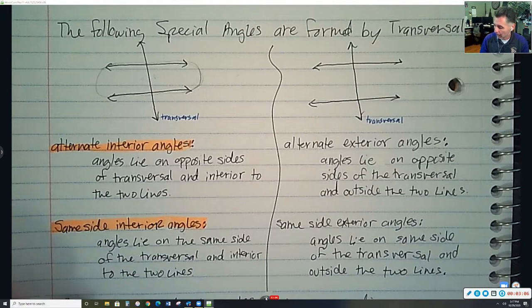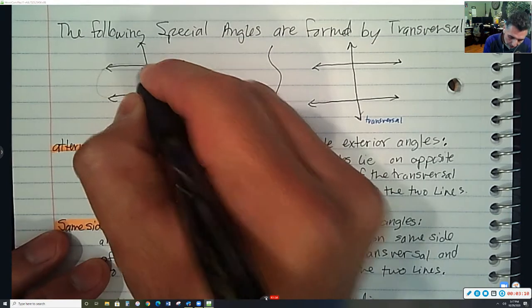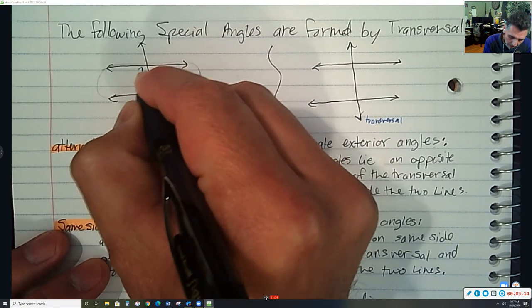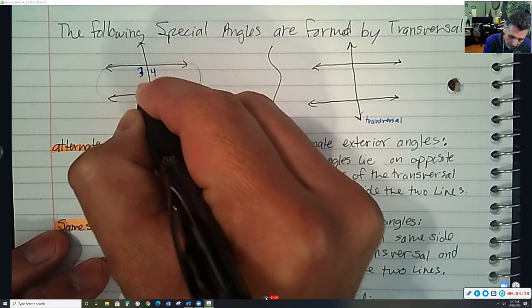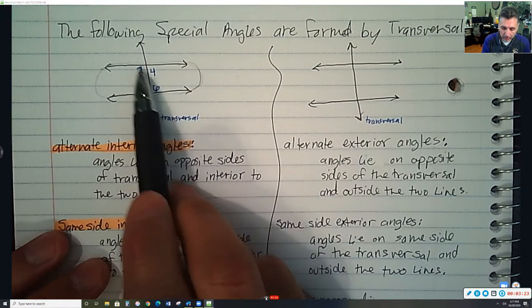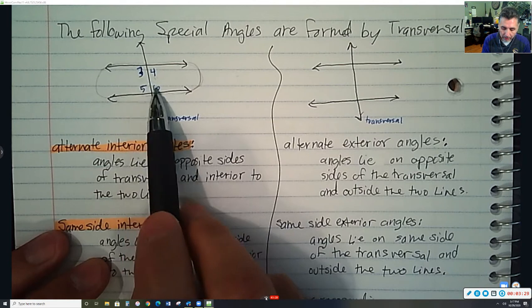So I'm going to put an example. Let's say angle 1, 2, and let me call this one 3, 4, 5, and 6. I'm going to name these angles 3, 4, 5, and 6. 3 and 6 are alternate interior.